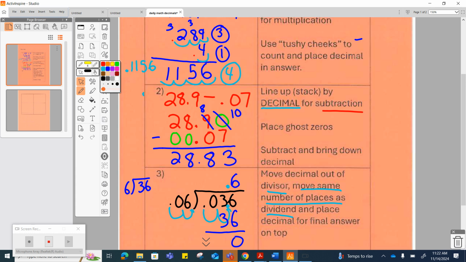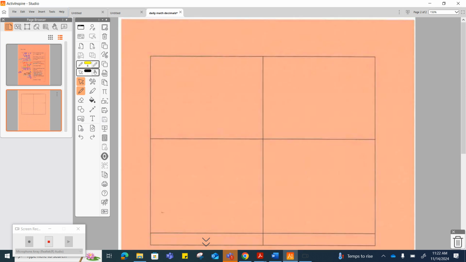Okay? Next two problems really don't have words to go with them. You can create your own words if you want. It's finding equivalent fractions. So we need to think about this concept of whatever you do to one side, you do to the other.